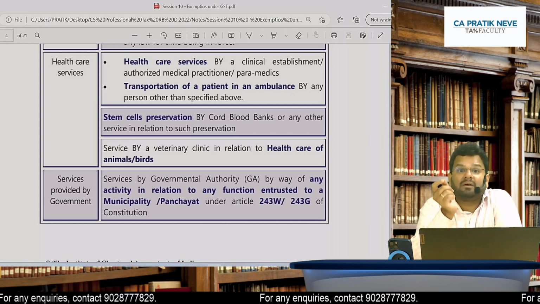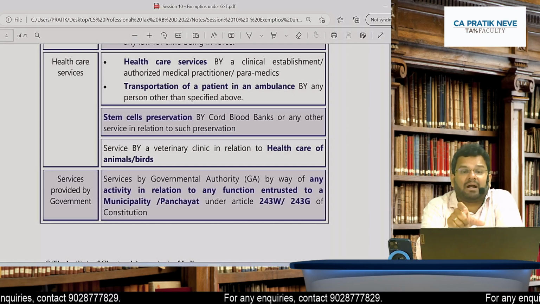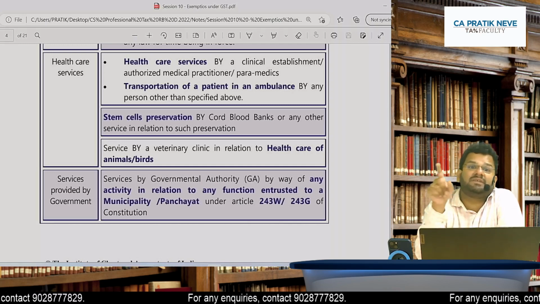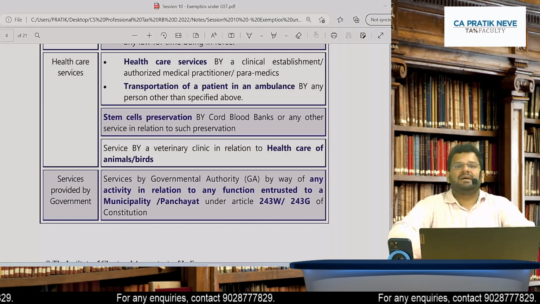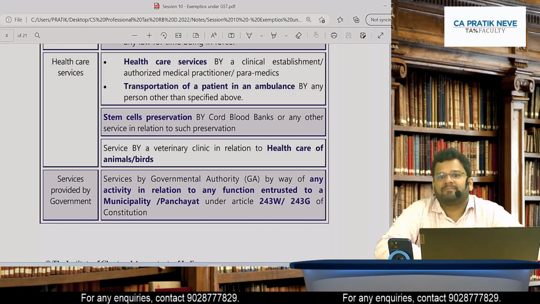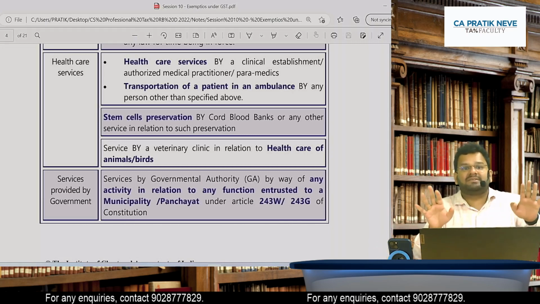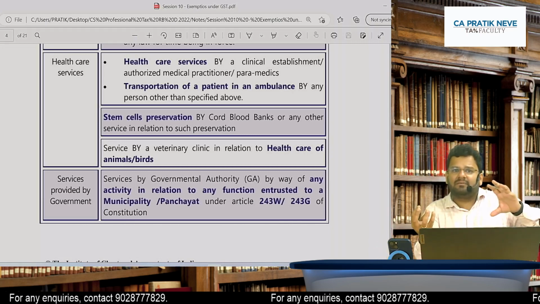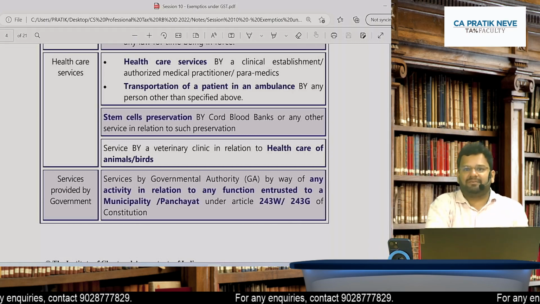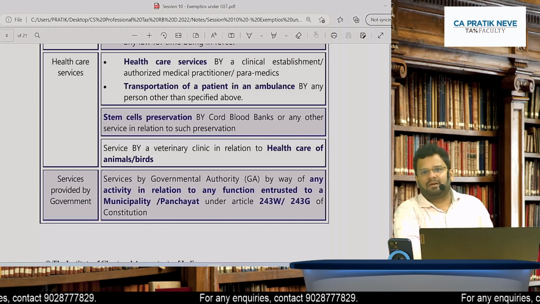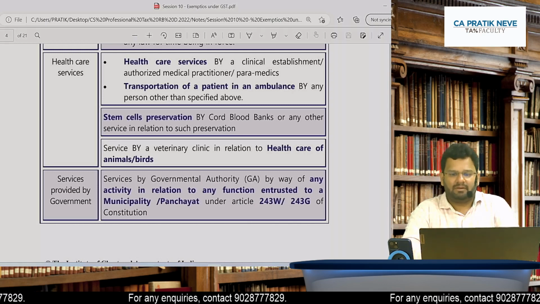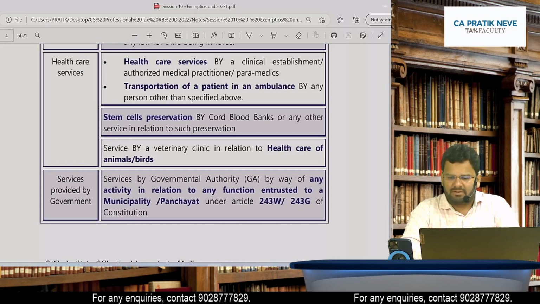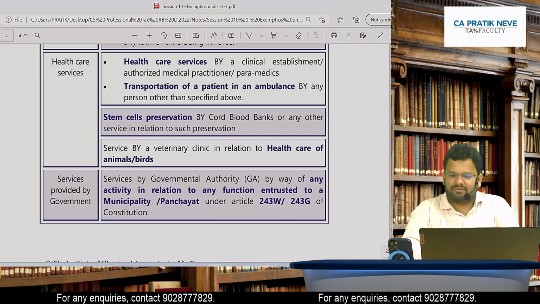But when support of hair transplant or cosmetic surgery is needed for treating the person, meaning cosmetic surgery is not taken as luxury but support of that is needed for treating the patient, then it is exempt. Then it forms part of healthcare. Did you get my point? Unnecessarily I have seen some students confuse themselves on this point, but the point is very simple.